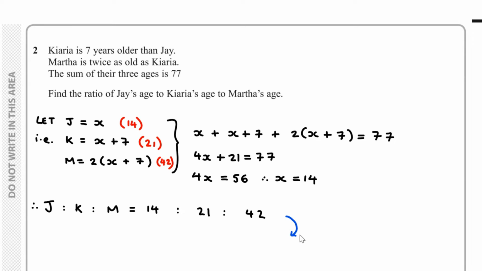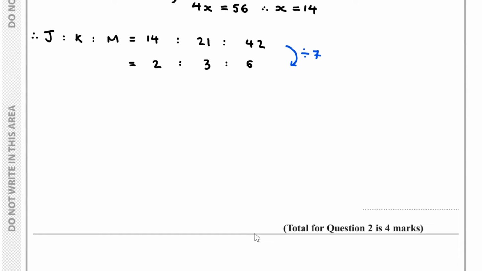So we will divide each term by 7, leaving us with, well, 14 divided by 7, that's 2. 21 divided by 7, that's 3. 42 divided by 7, that's 6. So therefore, the ratio of their ages is 2 to 3 to 6.